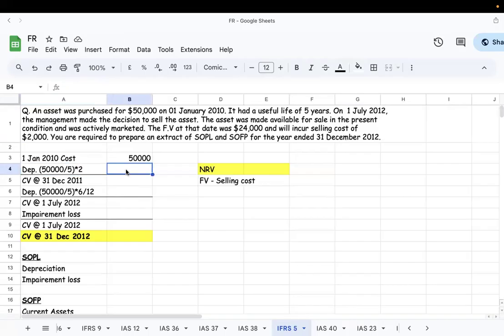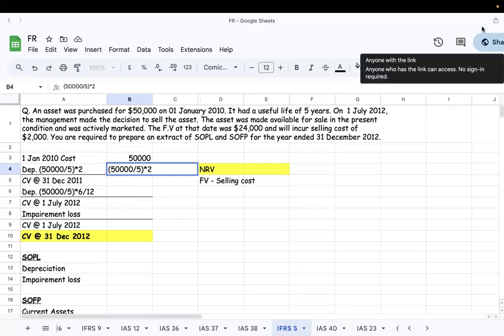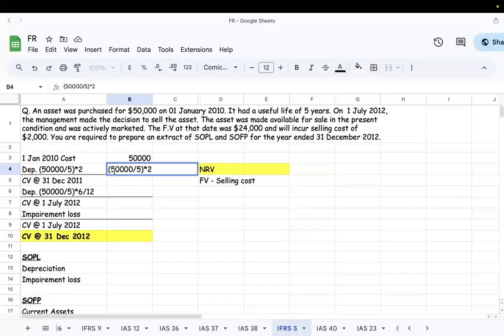But we'll have to multiply it by 2.5, right? Yes, I'm doing it. I'm splitting it for 2 years and 6 months.